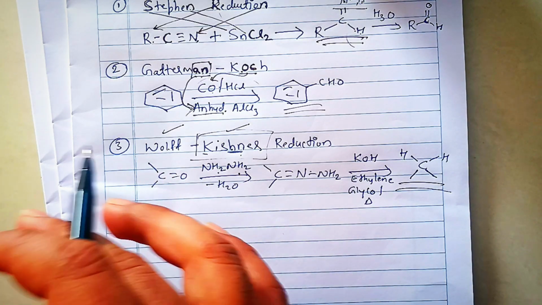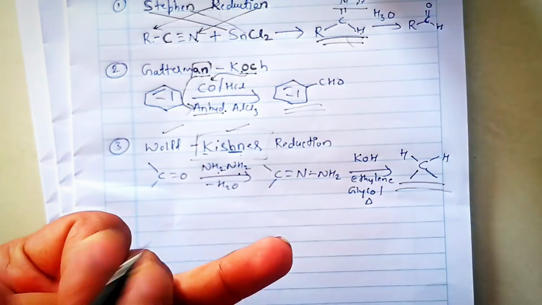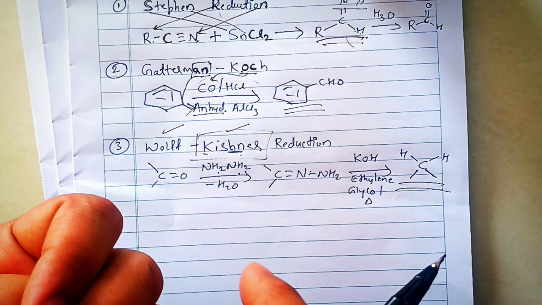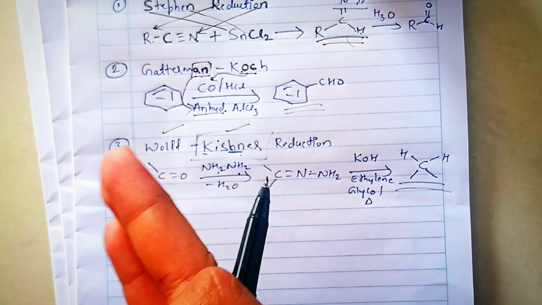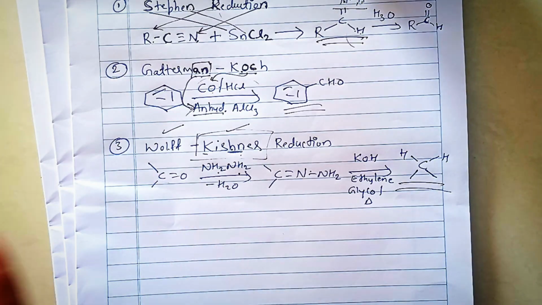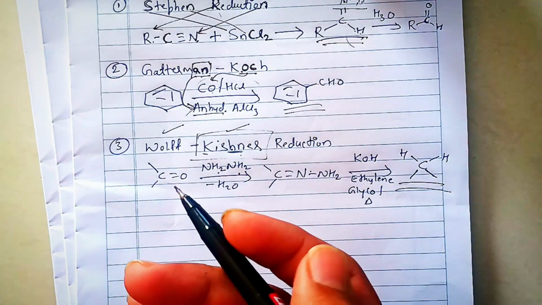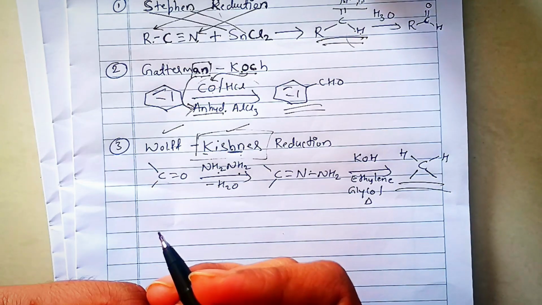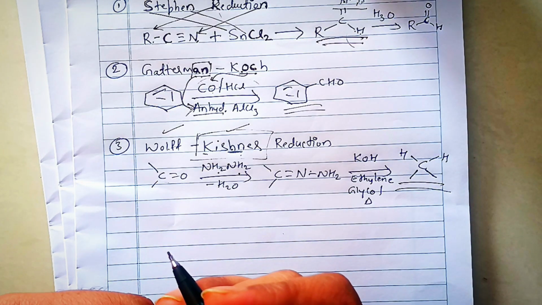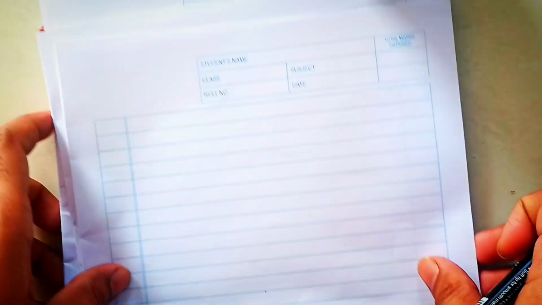All chapters like haloalkanes, haloarenes, alcohols, phenols, ethers, and also aldehydes, ketones, carboxylic acids, all reactions can be discussed here, with tricks which you can easily write in the examination. Okay, let's start the first lesson, that is haloalkanes and haloarenes.